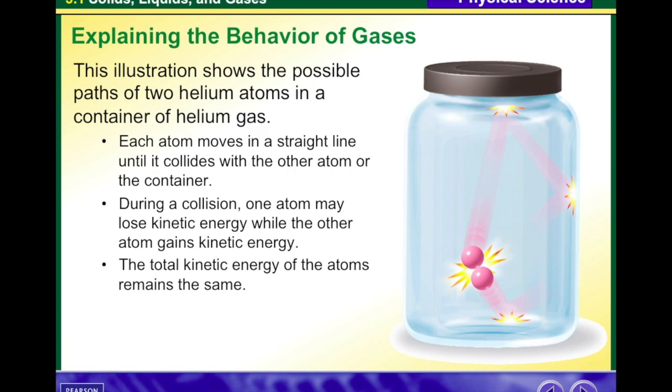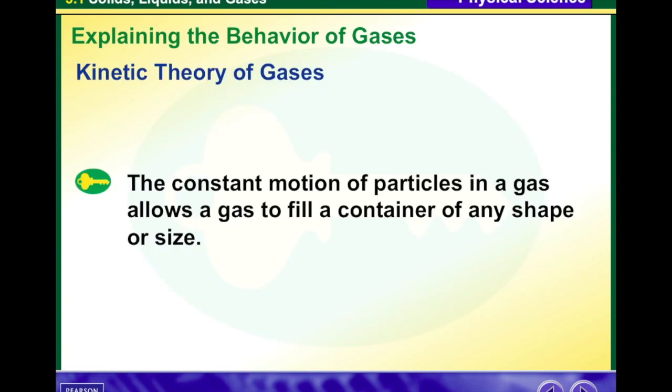When these particles hit, they might transfer kinetic energy, but really the total amount of motion remains the same, which is a big chaotic mess of particles moving around. The constant motion of the particles in a gas explains why a gas fills a container of any shape and really any size. Gases will just spread out as much as you let them.